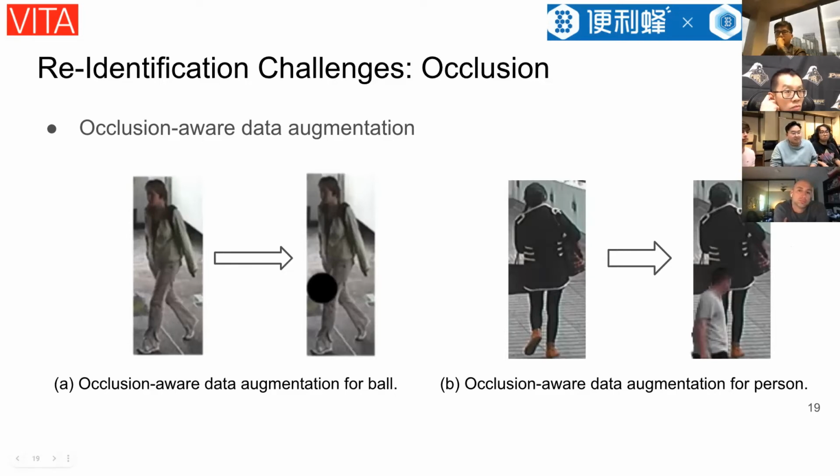And we also expect the model to actually learn to ignore the occluded part and instead use the unoccluded part of the image when associating persons. We have also tried other solutions such as random erasing data augmentation, and we found out that this method got more improvement for our scenario.